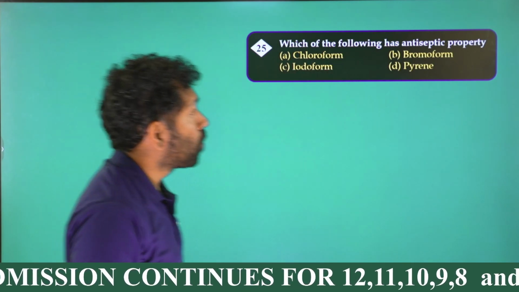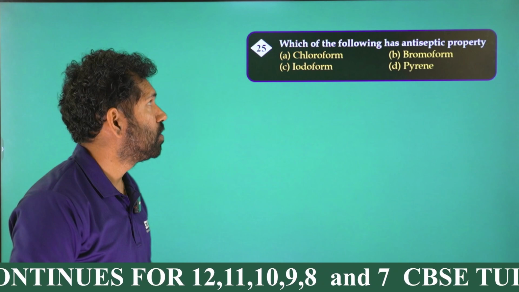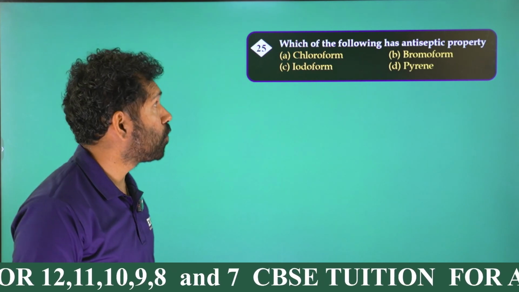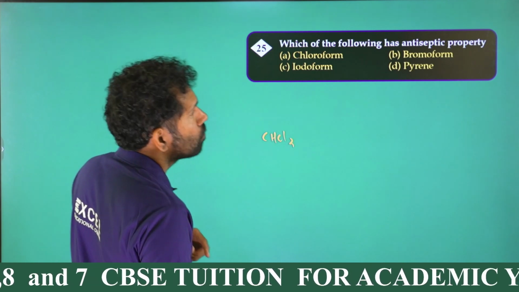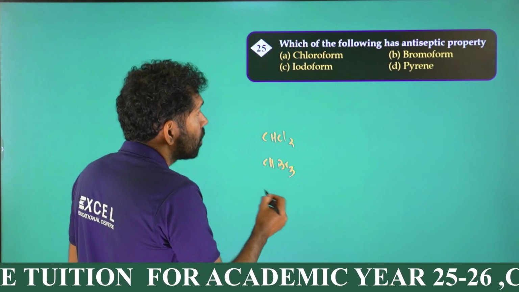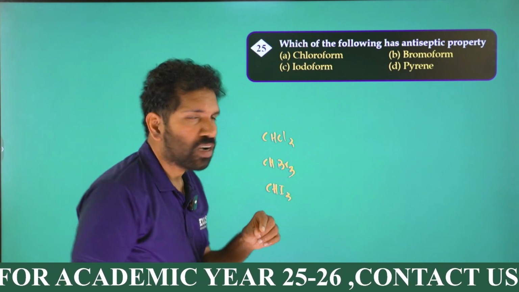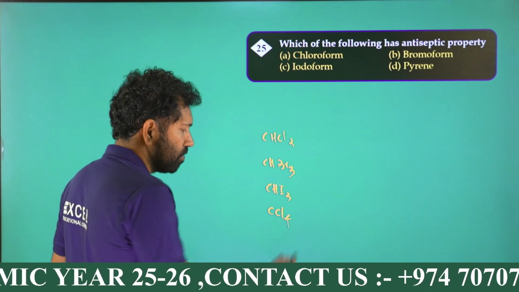Which of the following has antiseptic property? Easy question. Chloroform. What is chloroform? Chloroform is CHCl3. Bromoform, CHBr3. Iodoform, CHI3. Pyrene is an uncommon name of carbon tetrachloride, CCl4, right?